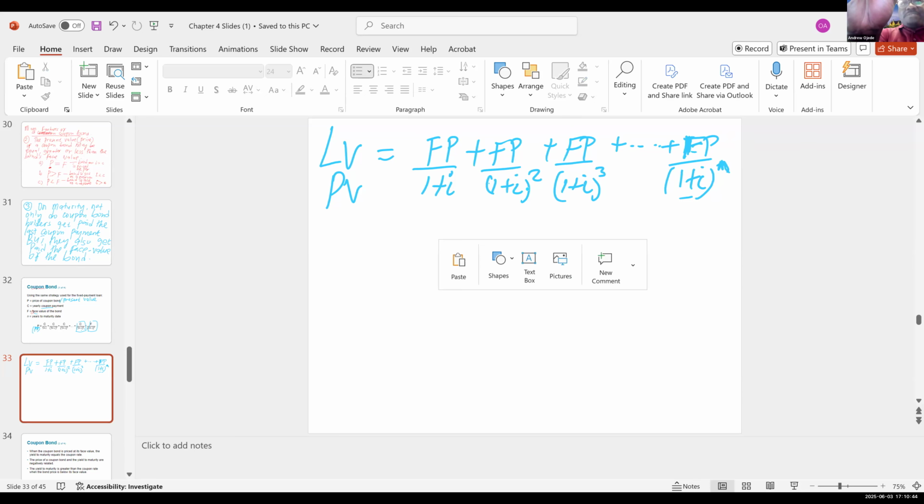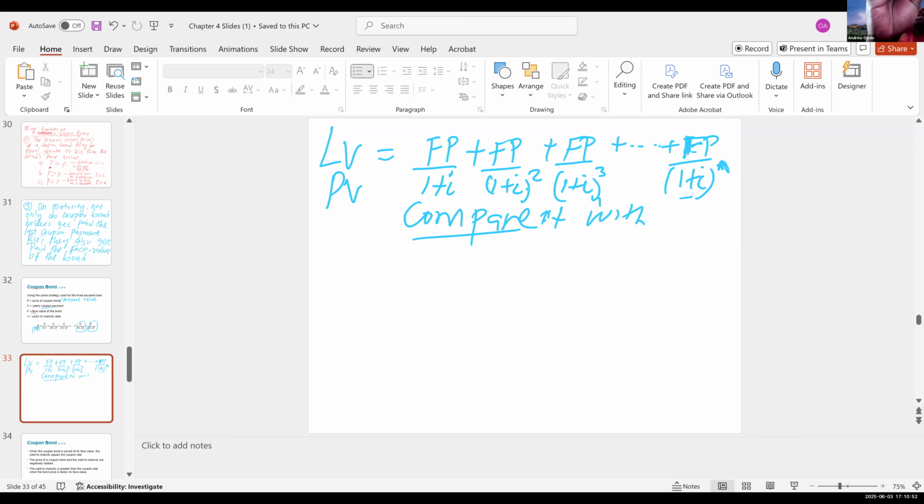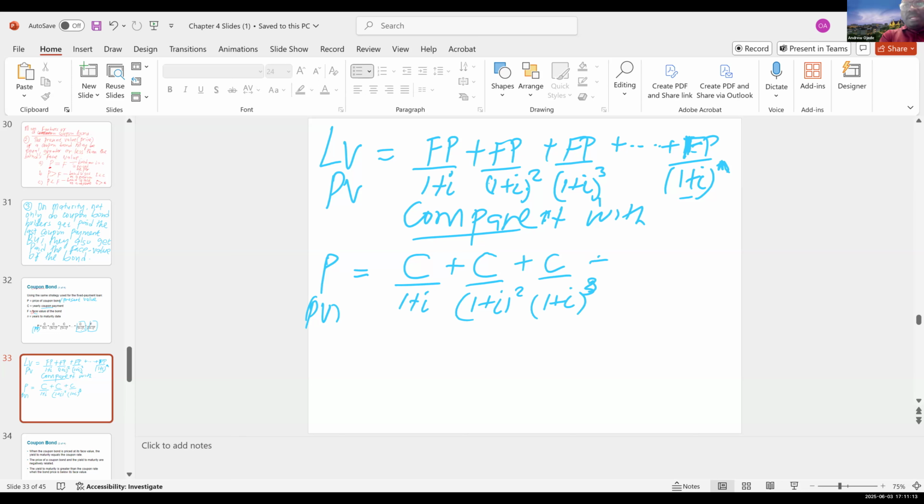So I want you to compare this formula with the formula we just wrote for the present value or the price of a coupon bond. You sum up all future payments, the coupon payments, which is C over 1 plus i, plus C over 1 plus i squared, plus C over 1 plus i to the power 3, and this goes up to C over 1 plus i to the power n.